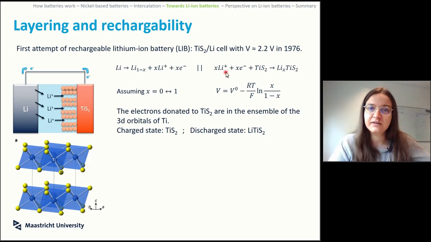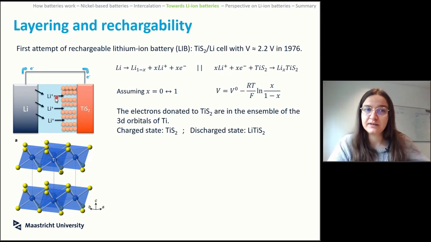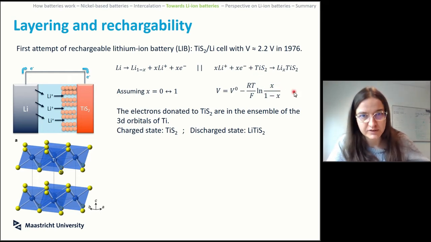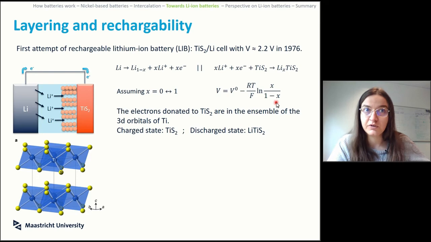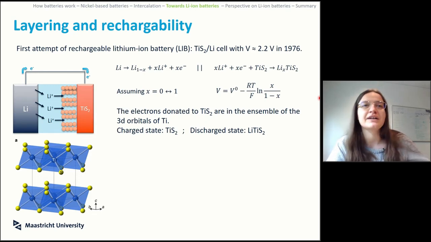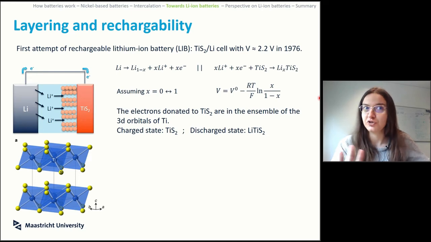And on the other side, you will catch a lithium plus. The lithium plus will go inside the structure, and you will move your titanium disulfide into lithium titanium disulfide, assuming that you can have a full solid solution of lithium, so the lithium can go from 0 to 100%. Then the voltage of your cell is this modification of the Nernst equation, in which instead of having those activities, you literally have the concentration of lithium in the solid solution, and that's it.